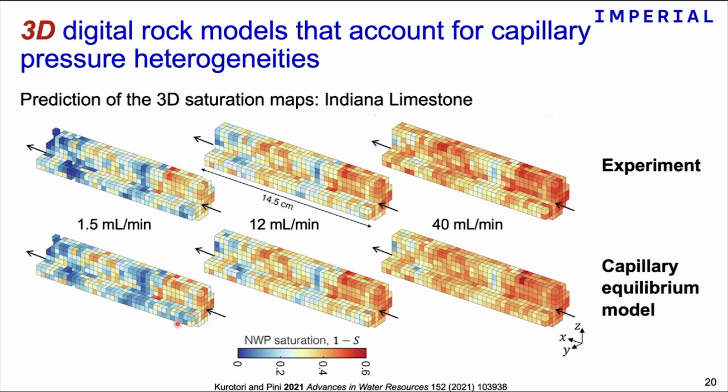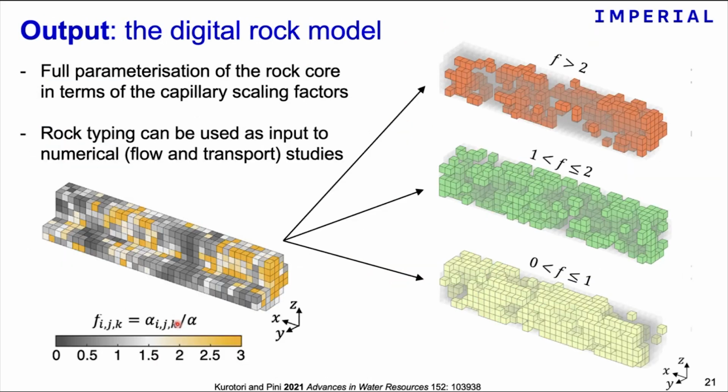And this is actually quite a useful result because the main output of all these analyses is what we call a digital rock model. So essentially we now have a model of our rock samples that describes the important heterogeneous features of the sample, which I described earlier when I was discussing the reservoir simulation results. So you now have a tool that you can use to quantify these heterogeneities.